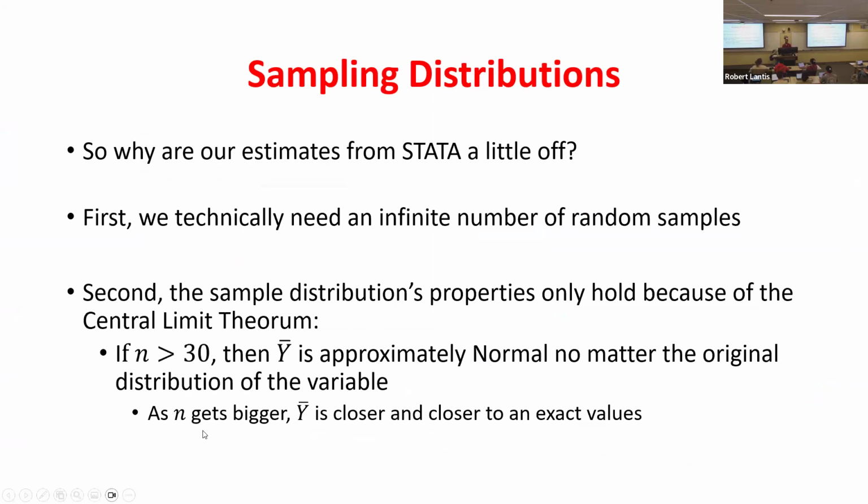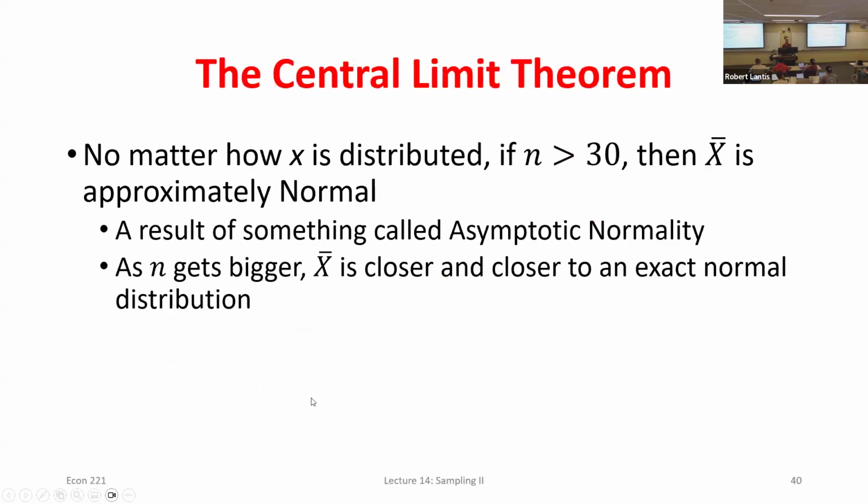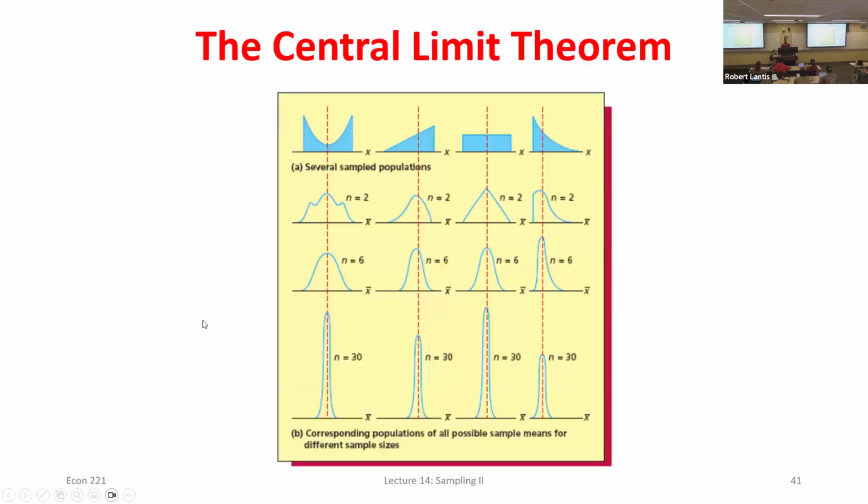As our sample sizes get larger, the mean of our sample means starts to look closer and closer to the actual mean. So the central limit theorem tells us that as long as we can get a sample size over 30, not only are these things about the mean of our sample means and the variance of our sample means going to be true, any sample over size 30 should be normally distributed. So if I look at the distribution of my sample means, it should be normally distributed.